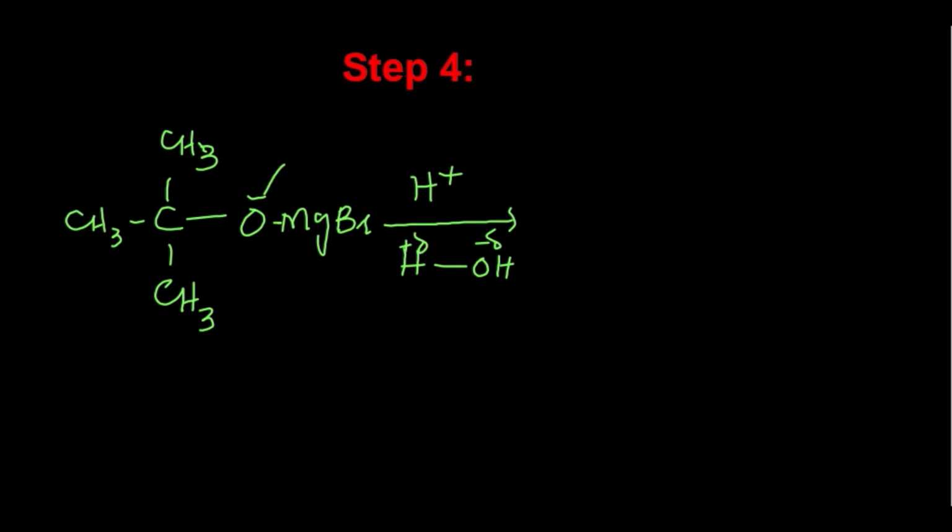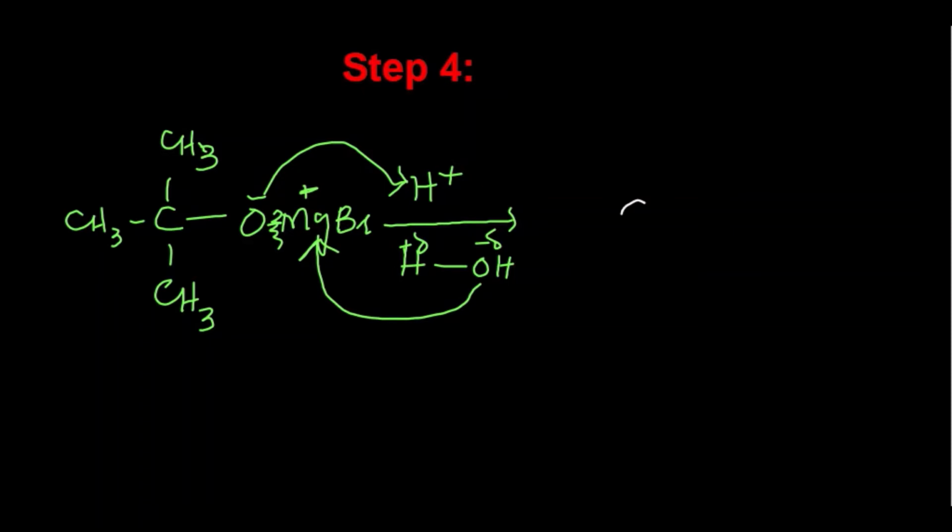Then what will happen? This oxygen is protonated. It will abstract a proton from here, right? And the bonding electron density which is present between oxygen and magnesium will be cleaved. The hydroxide ion of water, with the help of negative charge, will form a sigma bond with this magnesium. Right, students?